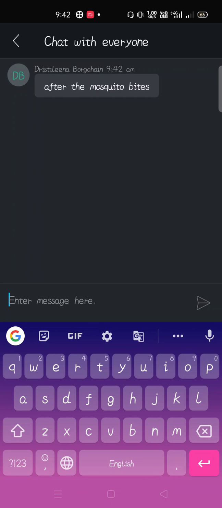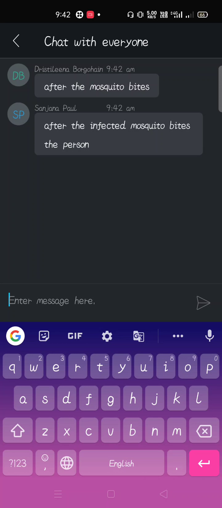After the mosquito bites, okay. Others want to add something? After the infected mosquito bites the person.